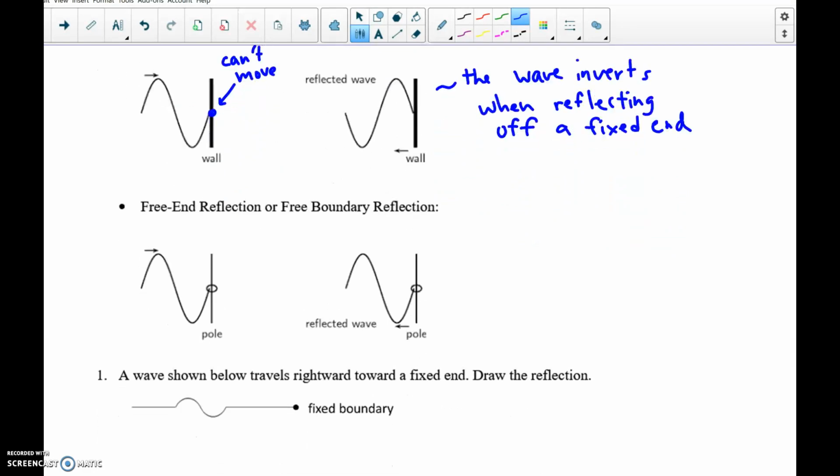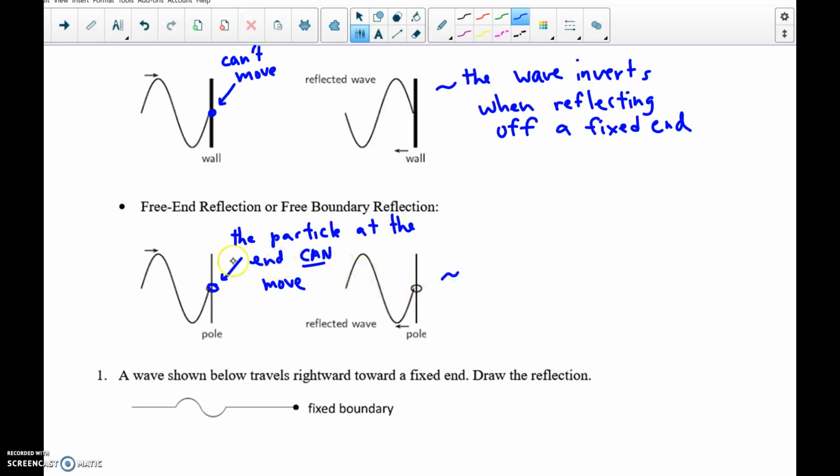But if the wave has a free end, and by free we mean the particle at the end of the rope, the medium, can move, it is free to slide up and down, then what happens?